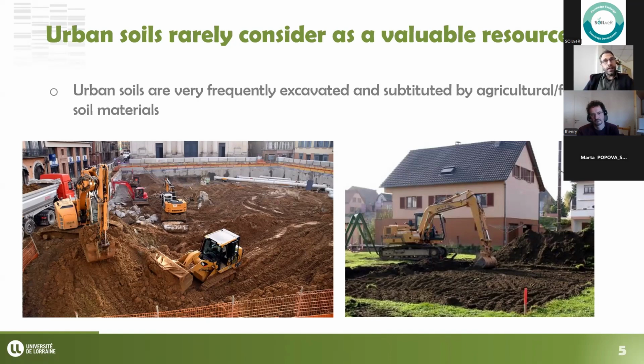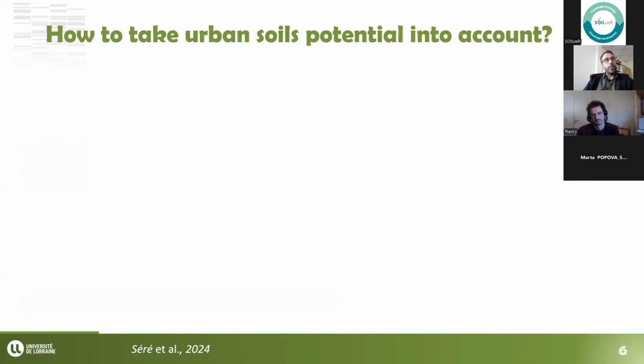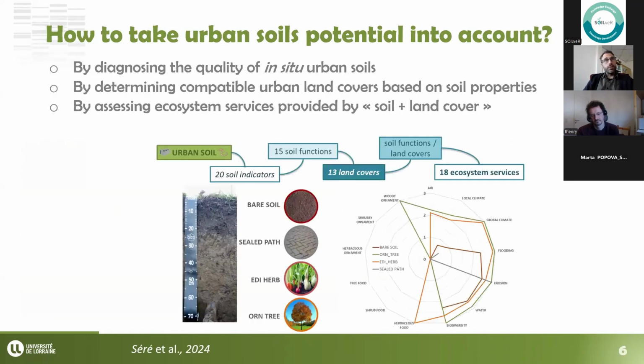So this is one of the aims of our work, and again in line with what François explained. Our idea is how to take urban soils' potential into account. First, by surveying and diagnosing the quality of in-situ urban soils. Because of their complexity, we have to go through all urban soils to evaluate their quality and their potential.